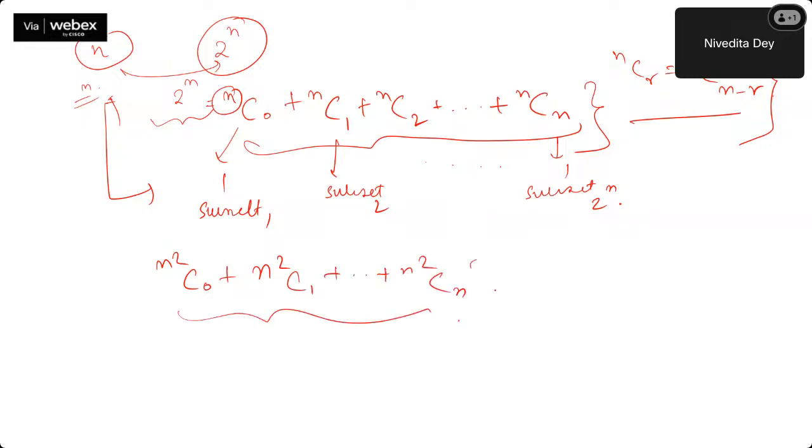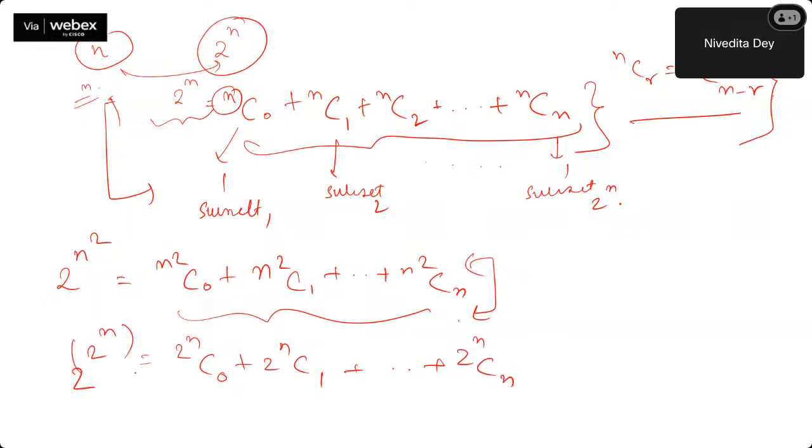I just thought of discussing this to you again for the sake of completeness. So it will be 2 to the power of n square. If I say 2 to the power nC0 plus 2 to the power nC1, likewise up to 2 to the power nCn, it is 2 to the power of 2 to the power of n.